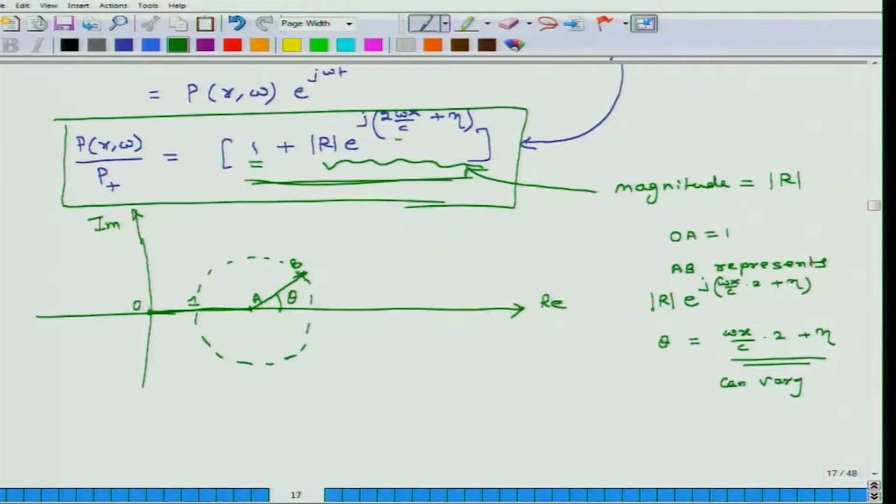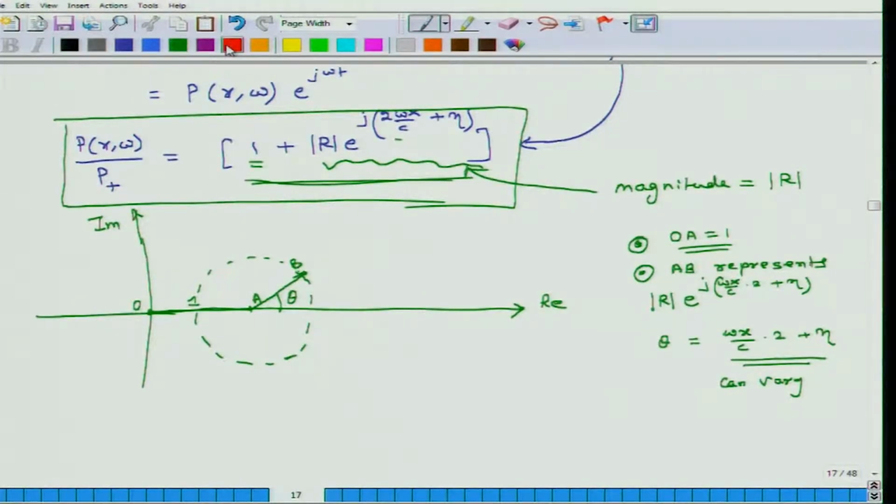Now again, OA represents 1 and AB represents this whole complicated thing, modulus of R times e to the power of j 2 omega x over c plus eta, and the angle theta can be anything and it will vary with respect to x. Okay.